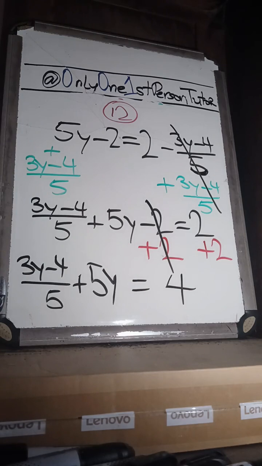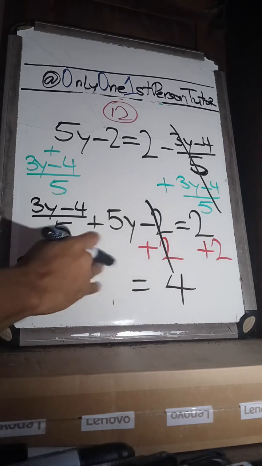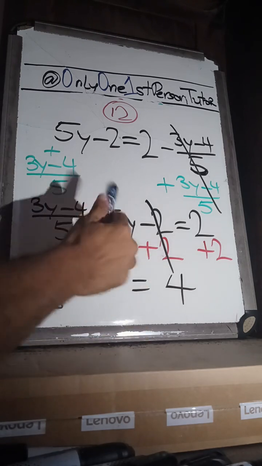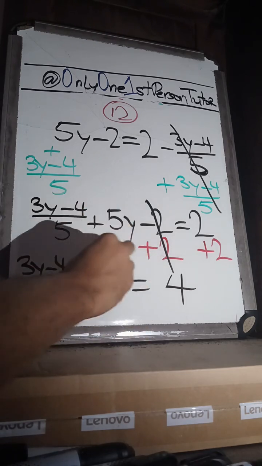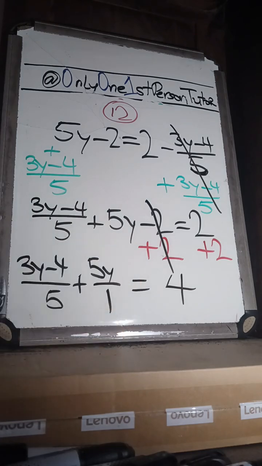Now, fine. We can call this something else, right? We can call this 5y over 1. The reason why we can do that is because when we divide it by 1, it remains the same. But I want 1 to become 5. I have to multiply this 1 by 5.